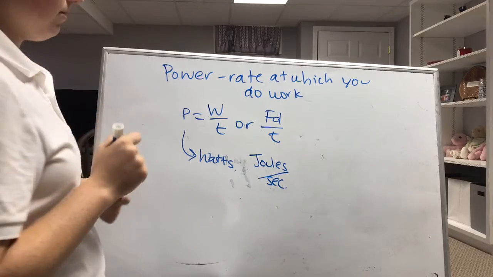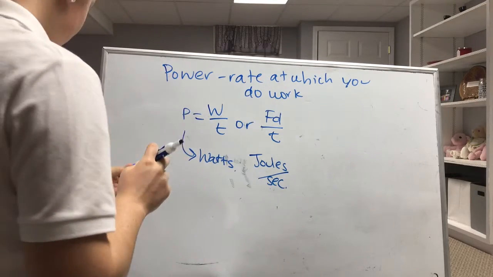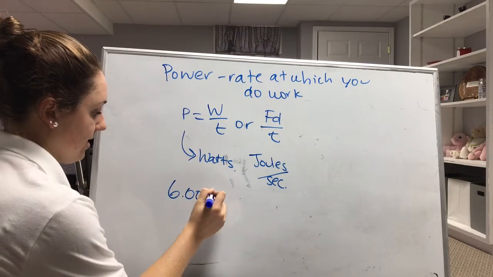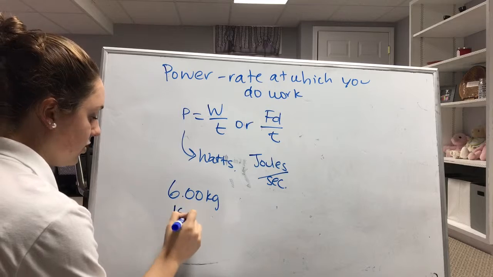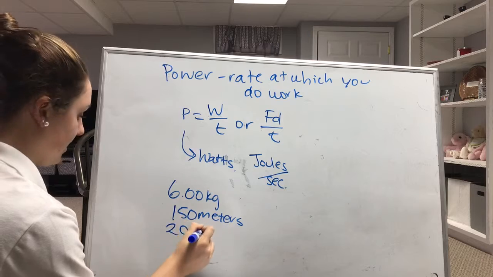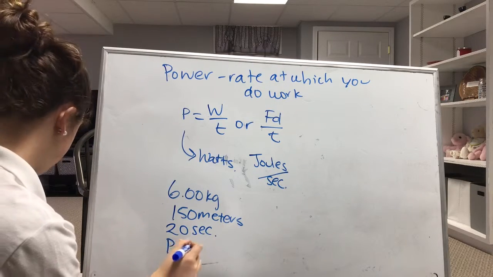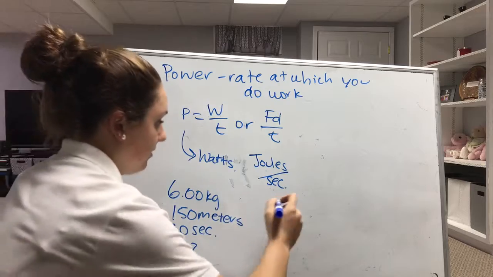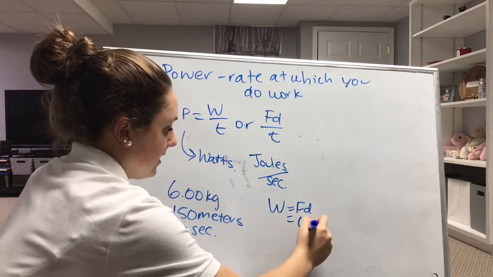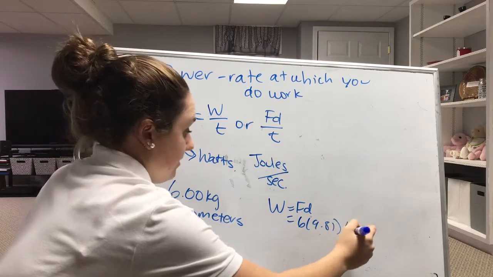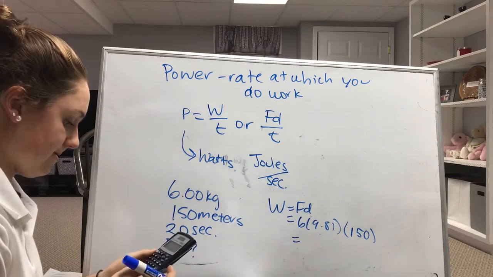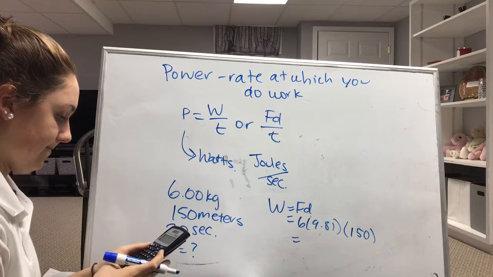So let's do a practice problem to understand how we can calculate power. Let's use what we had in our last example, the 6 kilogram car lifted 150 meters, but let's say now in 20 seconds. We want to find the power. Well, again, we need to find first the work, which is equal to the force times the distance. We said the 6 times the 9.81 times 150, in joules.